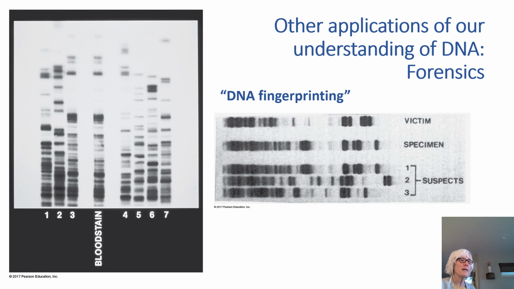These are potentially 7 different suspects that might have been responsible for the crime. Looking at the pattern of fragmentation of suspects 1 through 7 and comparing those with the pattern of fragments contained within the blood stain, which one of our suspects was responsible for the crime?